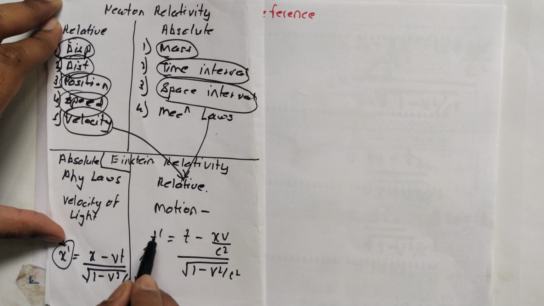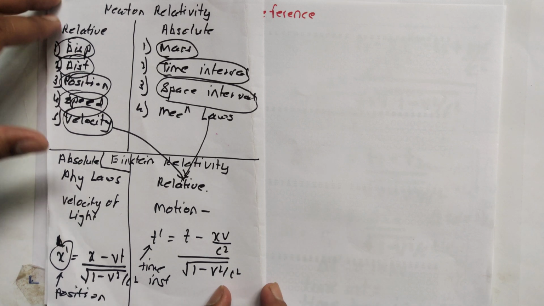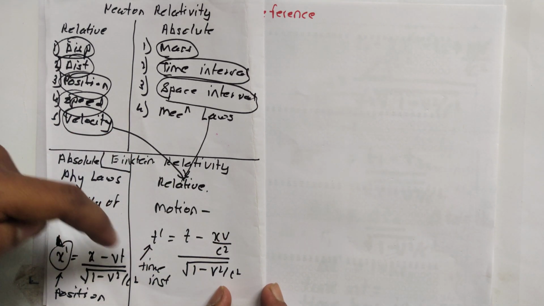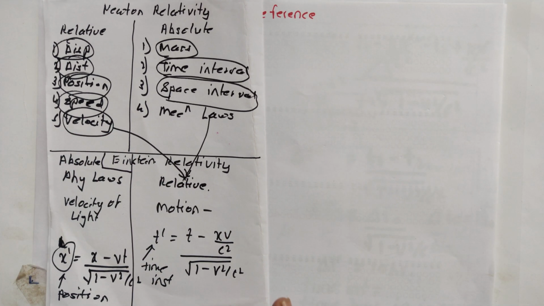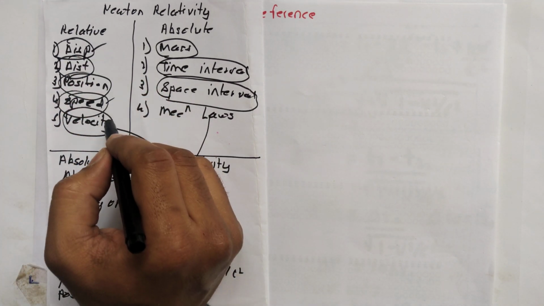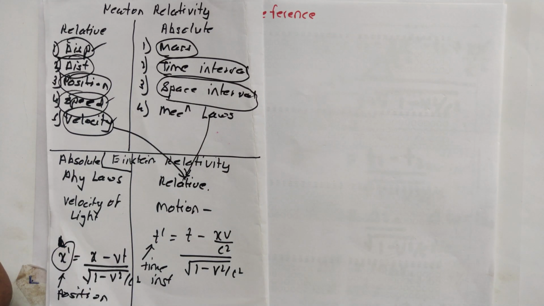This equation is for time instance, and this equation is for position. So these two equations tell us that the time instants are relative and the positions are also relative. But we still have to derive equations for displacement, speed and velocity. That is what we are going to do.